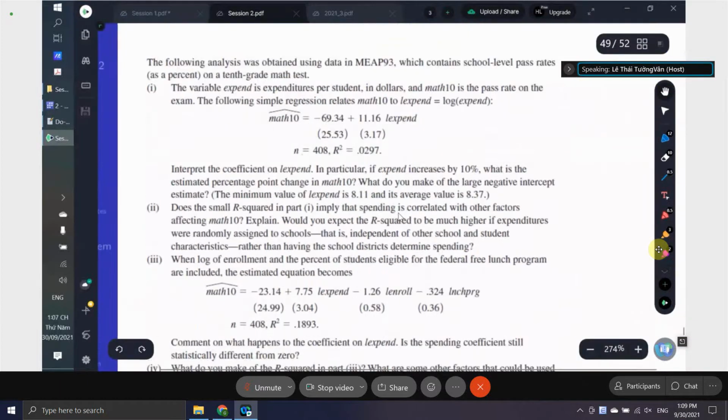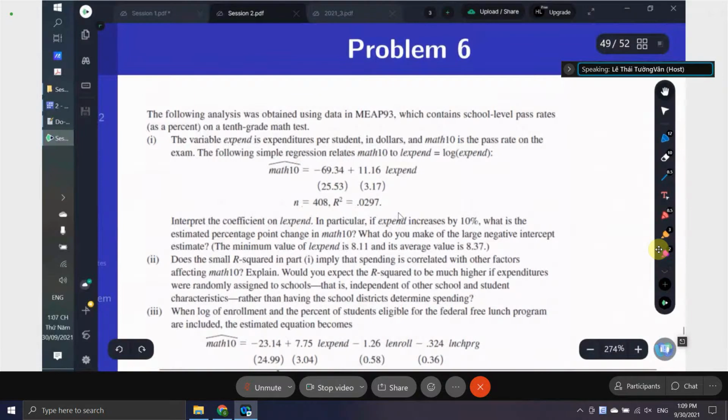So, for example, there is an interesting problem number 6. The following analysis was obtained using data in MEAP 93, which contains school level pass rates as a percentage on the 10th grade math test.